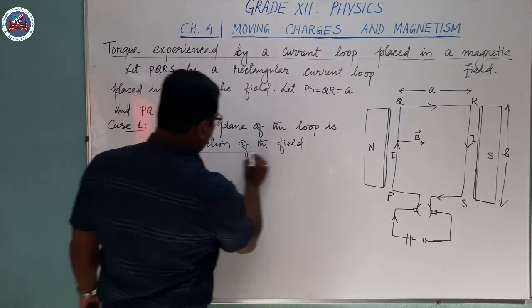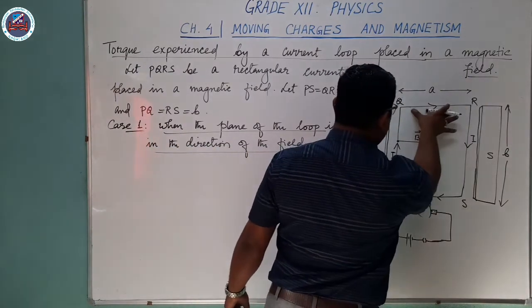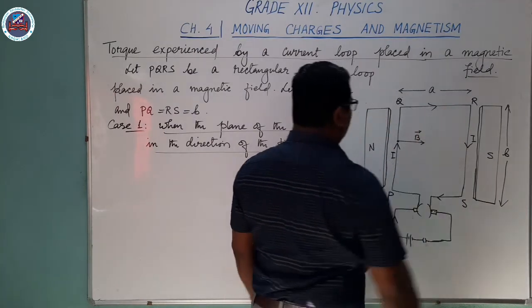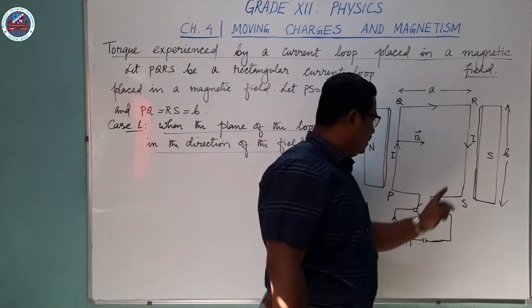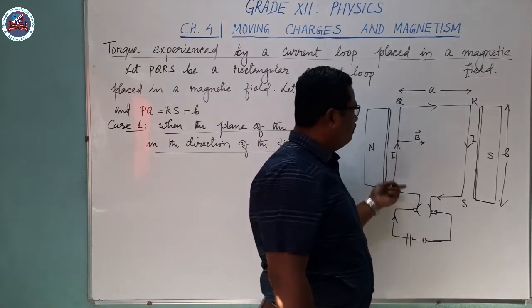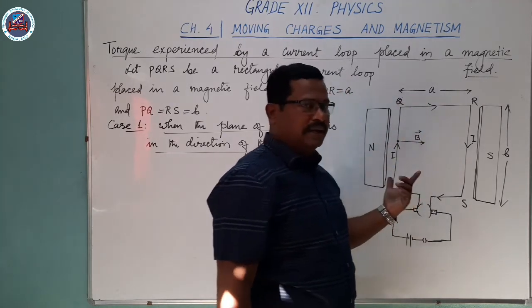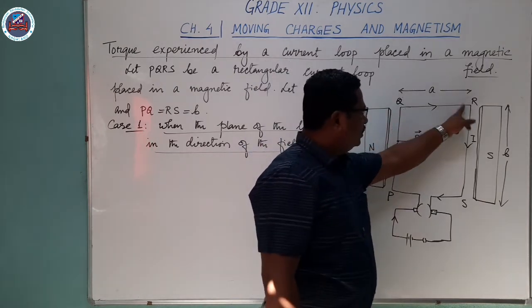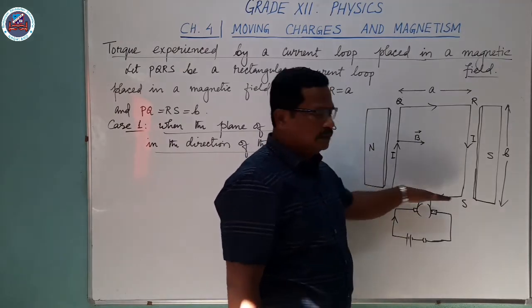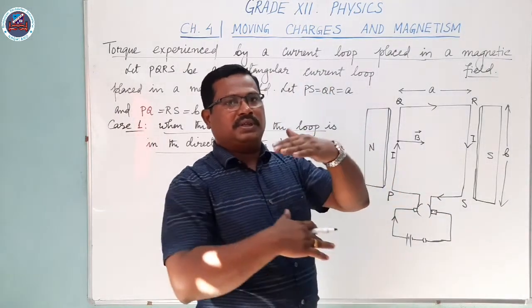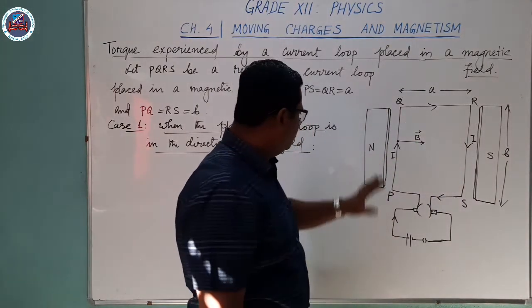So in this case, if you take the front part of the loop, QR and SP, the direction of current in QR and SP is parallel with the magnetic field. One is parallel, one is anti-parallel. So in both cases, QR will not produce any force. PS also will not have any force, as they are parallel to the magnetic field.